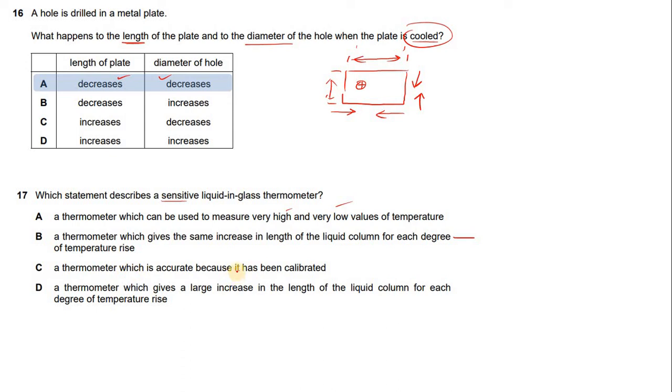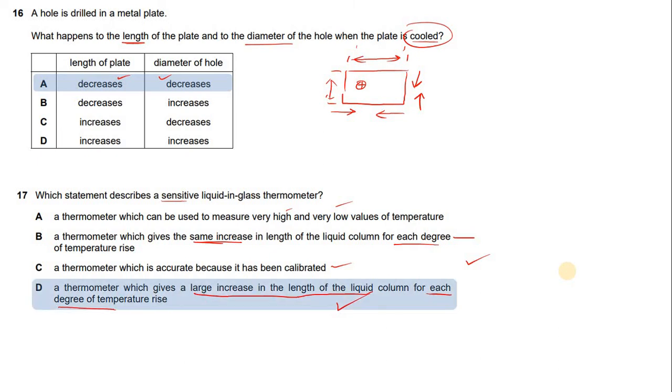A thermometer which is accurate has nothing to do with that. A thermometer which gives a large increase in the length of the liquid for each degree of temperature, this is the sensitivity. So two things are important. One is linearity, the same increase in length in each degree. But for question number 17, this topic is not included in the new syllabus from 2023. So this is only for 2022 students. So the option is D.